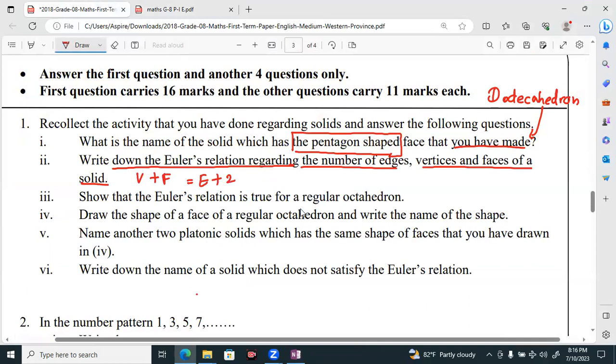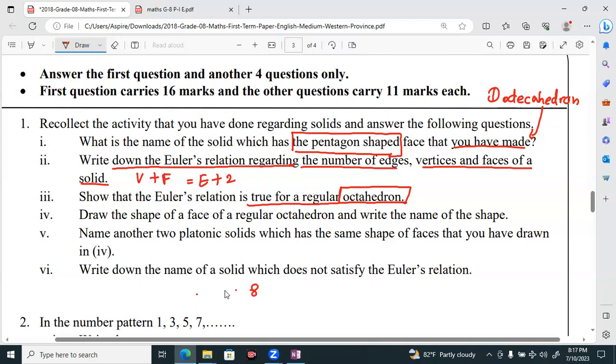Show that Euler's relationship is true for the regular octahedron. That means you have to show that the number of vertices plus the number of faces equals the number of edges plus 2. Number of faces, there are 8 faces.